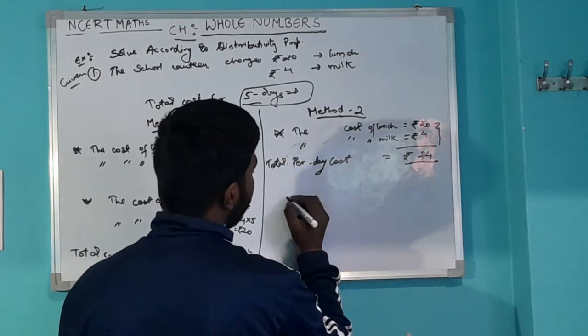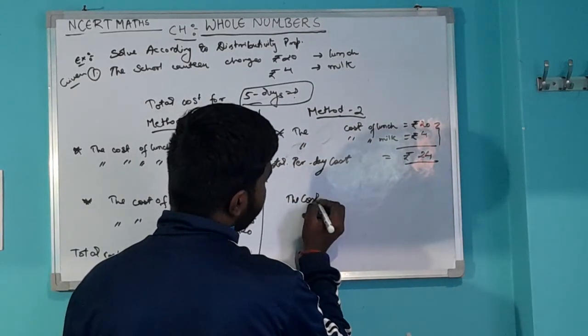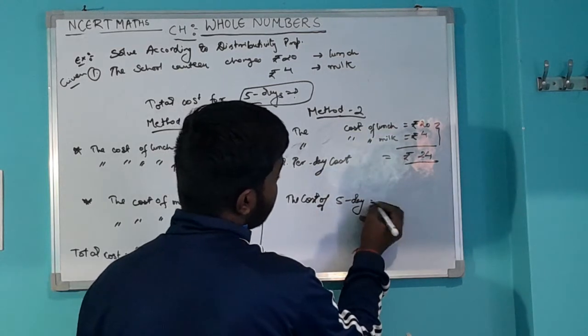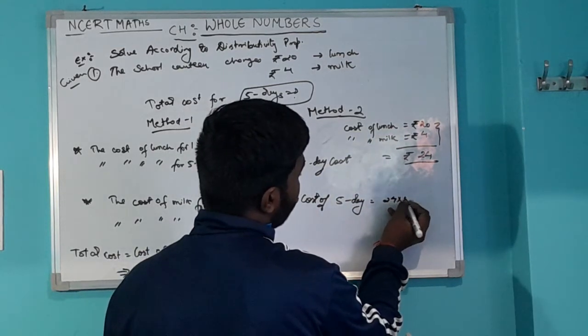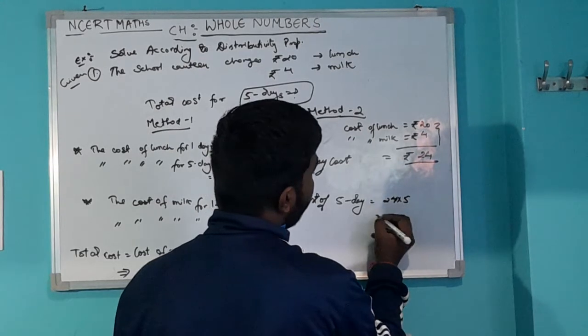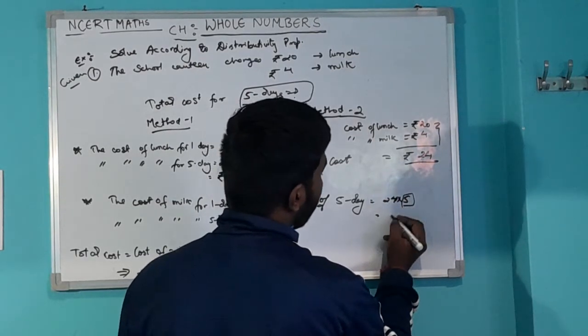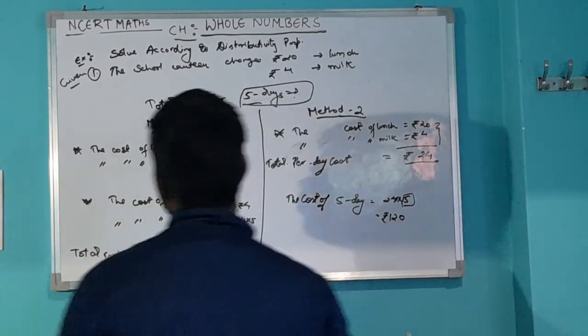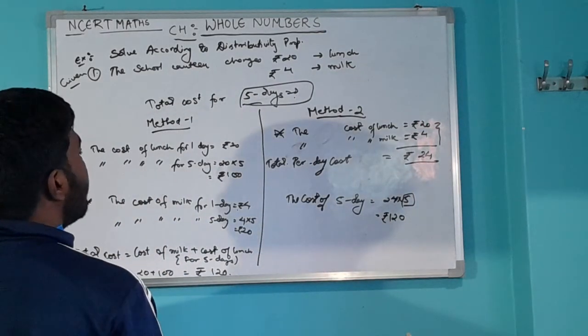So we multiply our total rupees of 1 day by the number of days, and we again get ₹120. So these are the two methods for solving according to the distributive property.